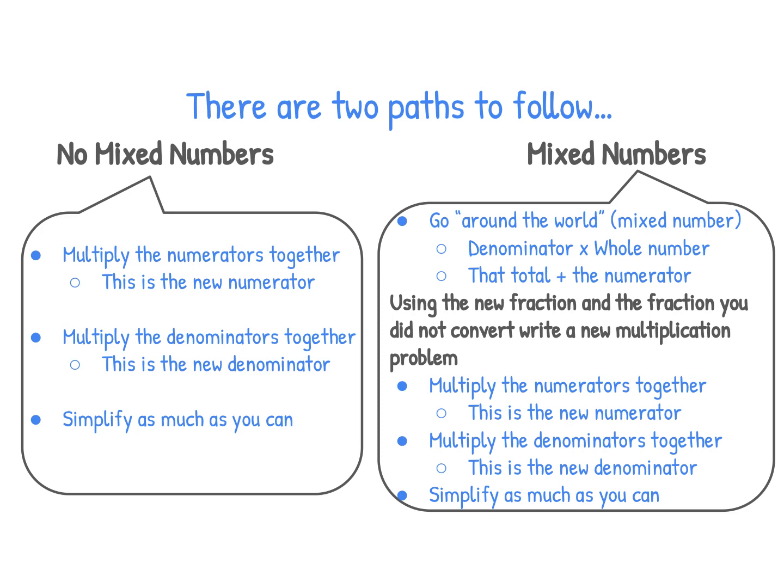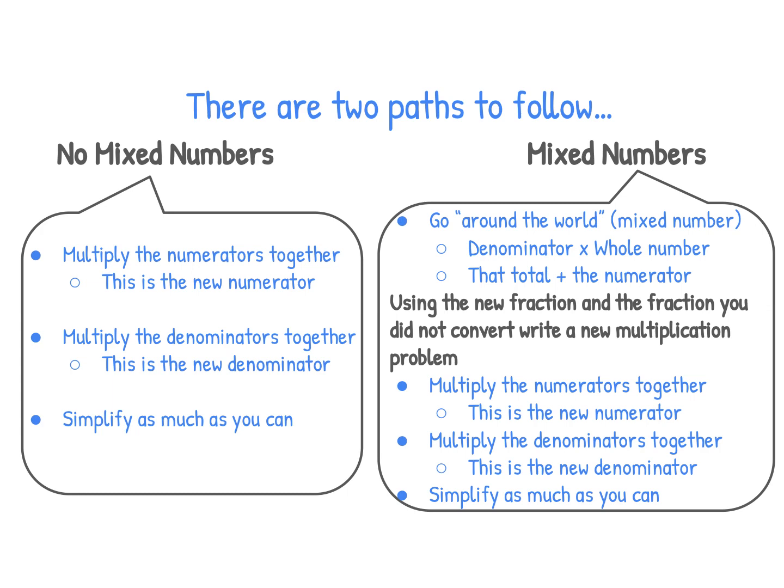To do this, we talk about the around the world method. You start by taking the denominator and you multiply that by the whole number. The answer you get from that multiplication, you then add to the numerator. This is the new numerator. So you want to take that number and put it over top of the denominator.